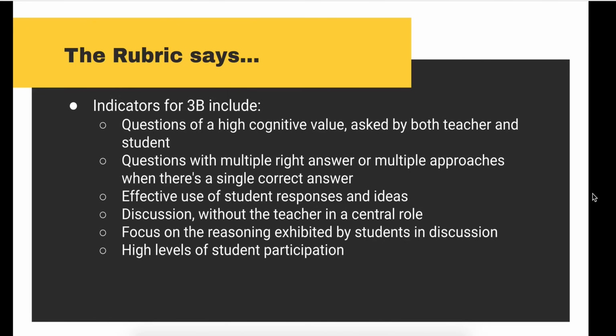Some of the indicators are questions of a high cognitive value asked by both the teacher and the student, questions that have multiple right answers, or ask students to consider multiple approaches when there's a single answer, effective use of student responses and ideas, discussion without the teacher in a central role, focusing on the reasoning exhibited by students in a discussion, and high levels of student participation.